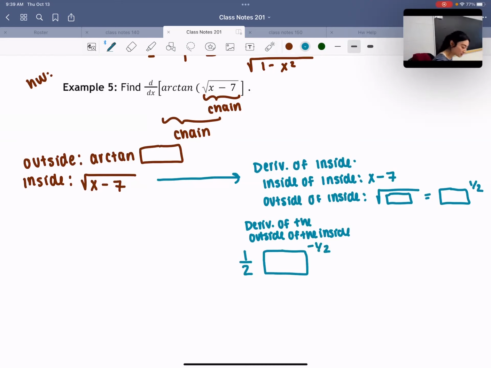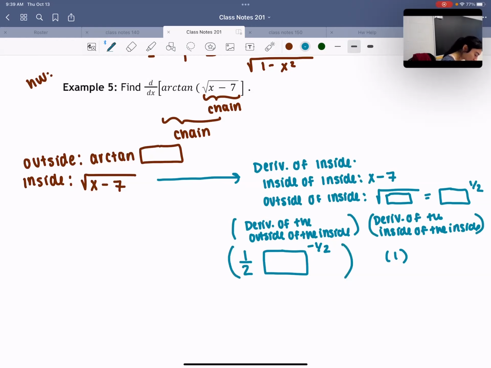And then what is the derivative of the inside of the inside? Good, so that's 1. So I'm multiplying these two together and filling in my box now. I know that x minus 7 goes here.